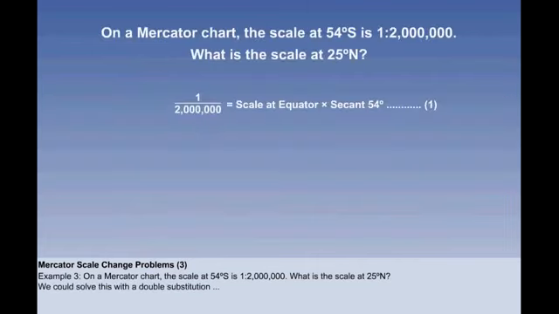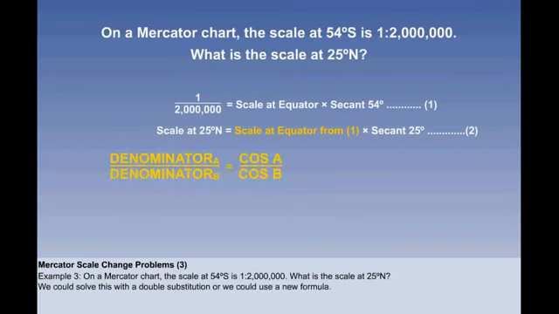We could solve this simply by combining the previous two methods, a double substitution. Knowing the scale at 54 south, we can find the scale at the equator. Then, knowing the scale at the equator, we can find the scale at 25 north. And it would work, but there is a quicker way.